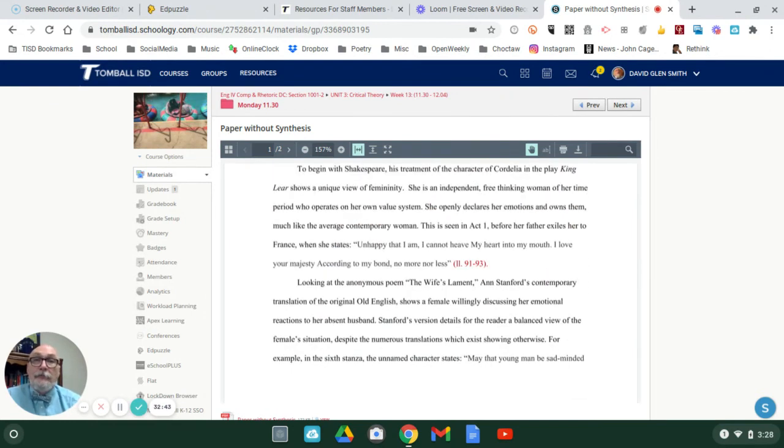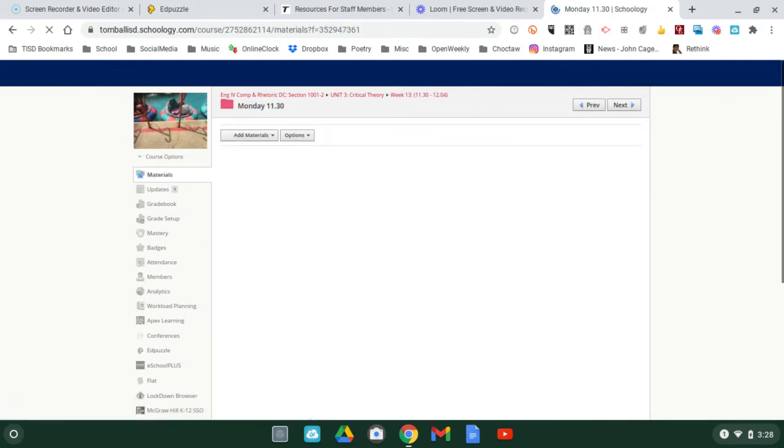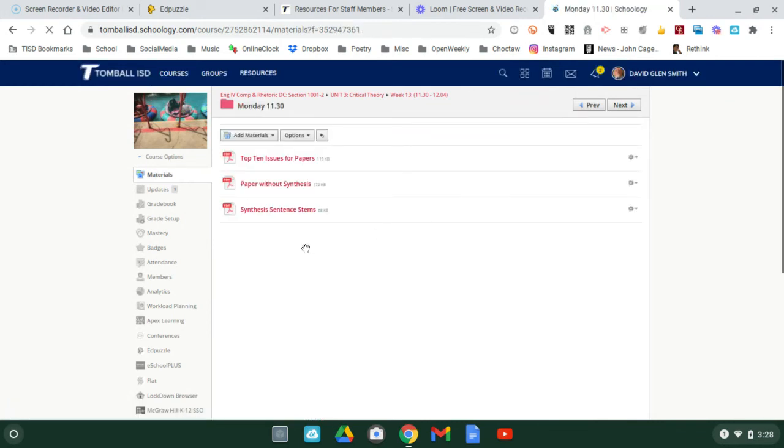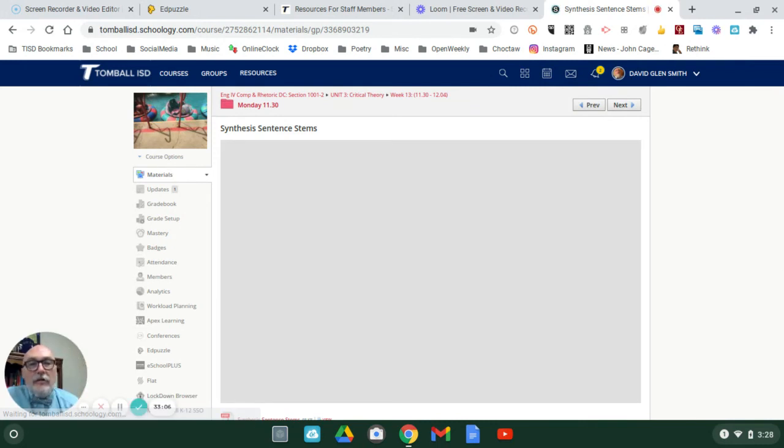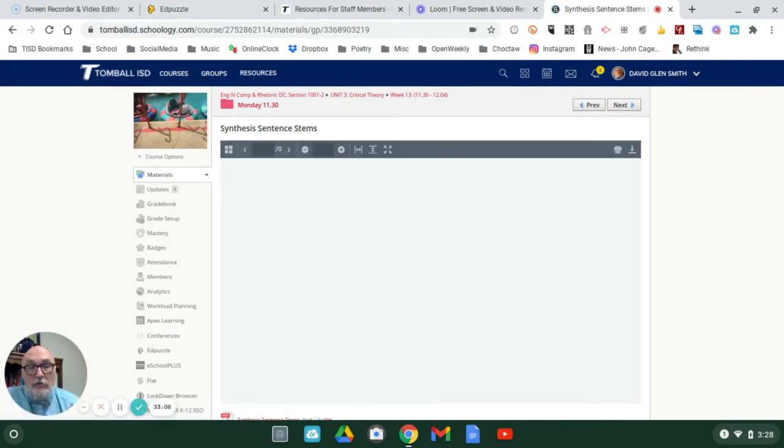Okay, to help you along with this synthesis component, I've put out here synthesis sentence stems. When you look at this, the various ideas here are common sense. Once you start reading through them, you'll see how they would apply to any given situation.